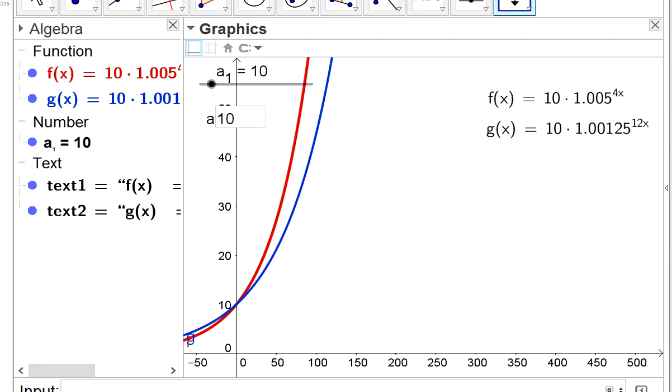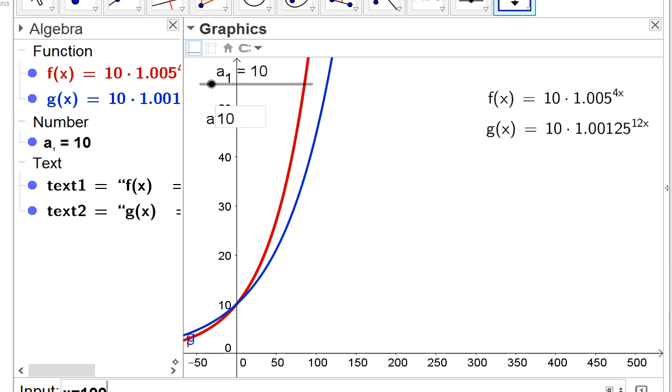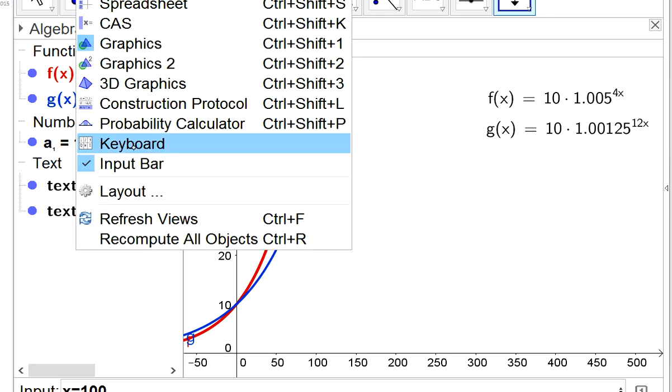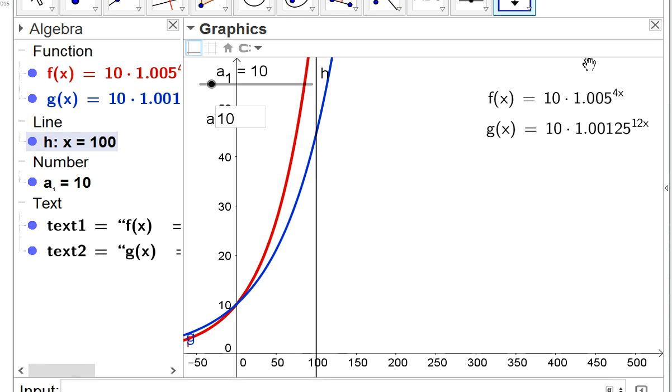So GeoGebra has this on-screen keyboard. So I would just want to look at the line x is equal to 100. So this is 100 years of this account being in effect, and I need to enter that. Darn, I lost my keyboard. I need to press enter. There we go. So what I wanted was this vertical line.